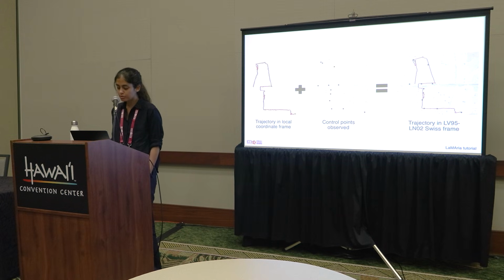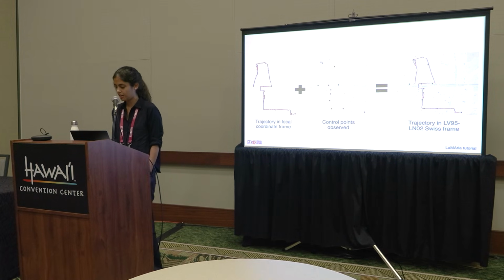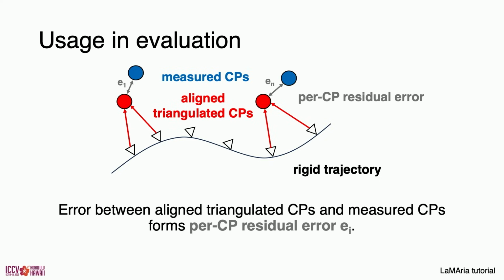How we use this in our evaluation is the most interesting part, because this builds the foundation of our score and how we can determine what trajectory is accurate and what isn't. We have these triangulated control points which are aligned to the measured control points, and based on the error that is defined between these two 3D points, we can form a per control point residual error.